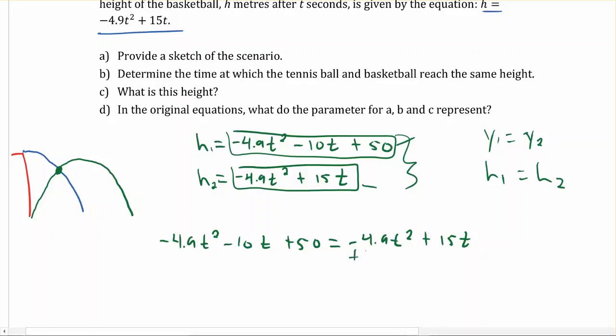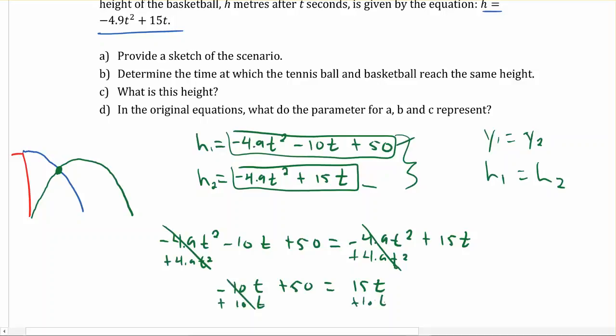If I add 4.9t squared to both sides, they cancel. So our t squareds are gone, and I'm left with minus 10t plus 50 is equal to 15t. I'll bring 10t over here, so plus 10t.